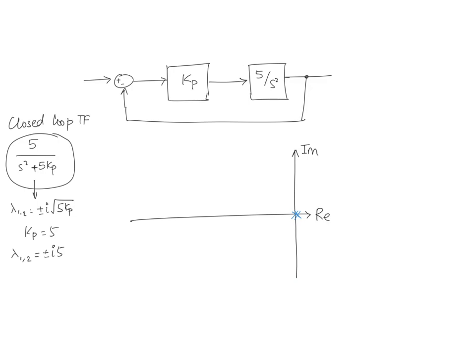So this guy over here, plus or minus 5. And you can see immediately that for different values of kp, I'm going to get different roots all along this line, right? So these two roots travel along this line depending on the value of kp.